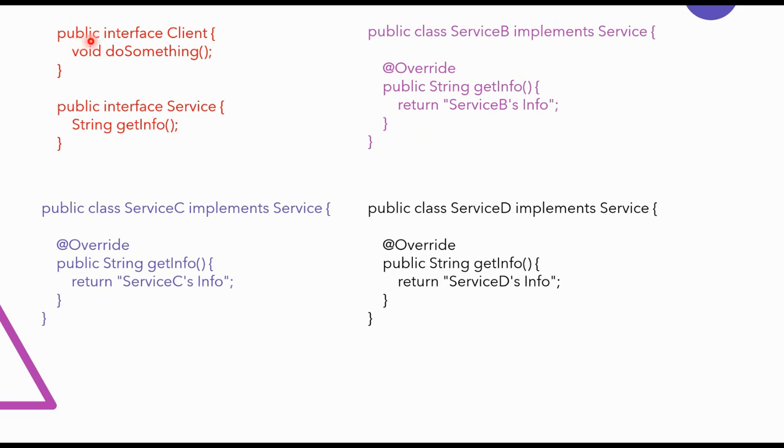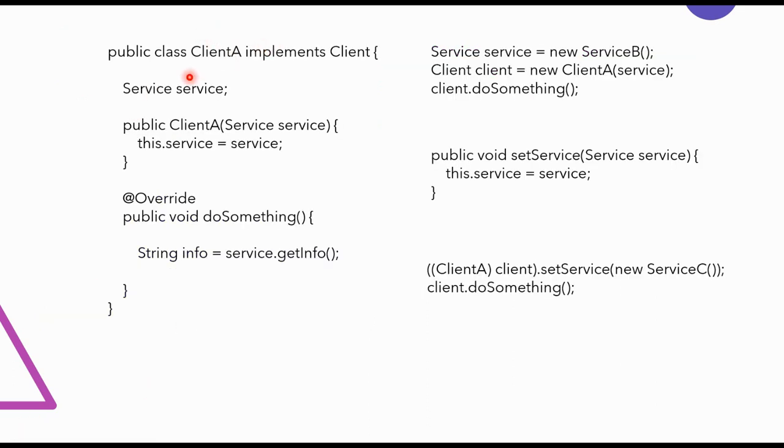And the same for the Client A class: Client A implements the client interface and overrides the method do something.